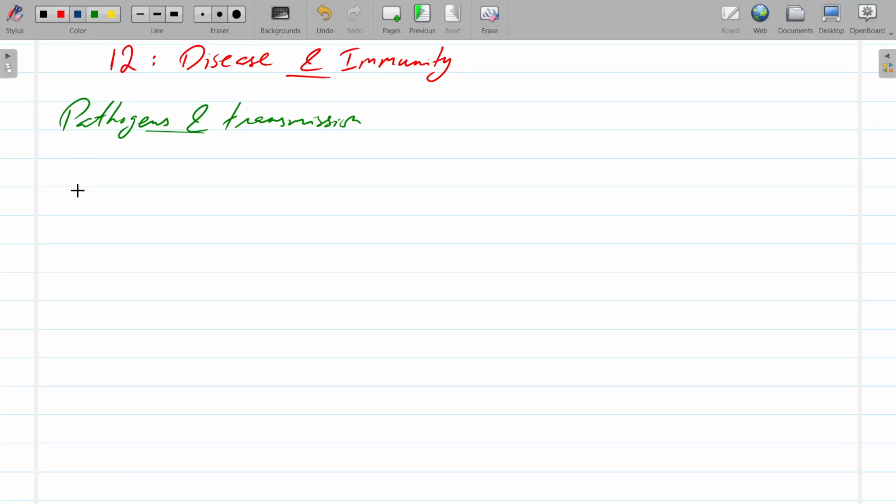So a pathogen is basically a disease causing microorganism. Why are we sick? Right, because not all microorganisms, not all of them are harmful to humans. Not all of them are causing disease.